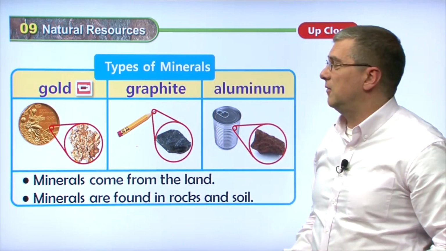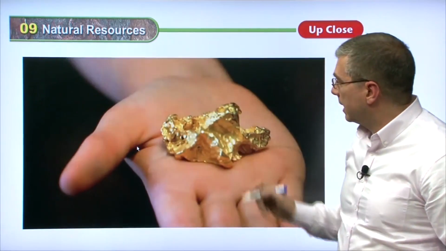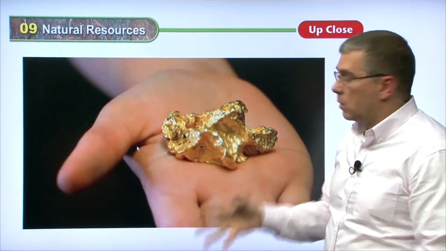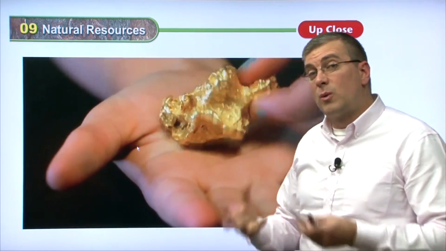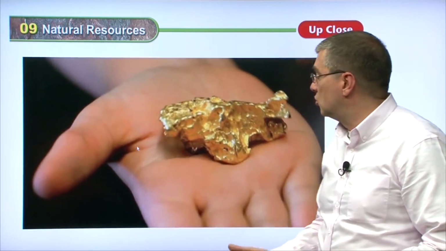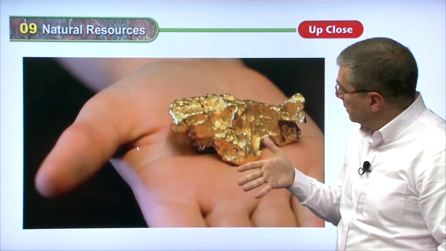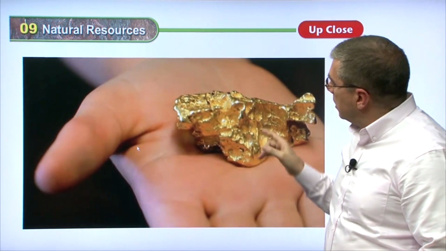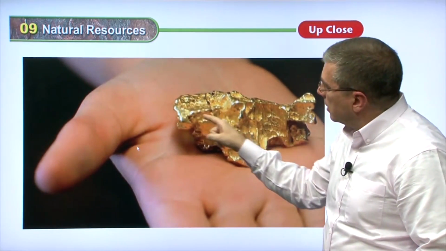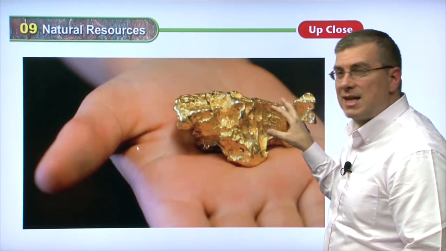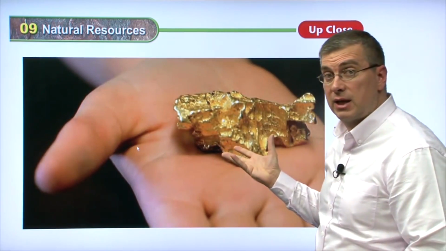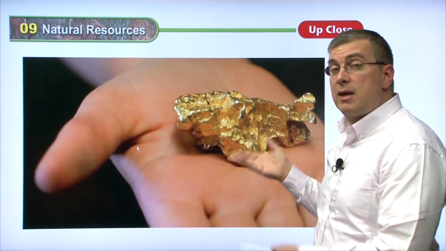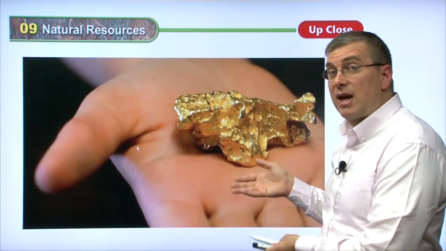Let's take a look at a video of gold. This is what gold looks like when we take it out of nature, before we change its shape and make it into jewelry or a coin. You can see the person is moving it. Look at how shiny it is. Look at how bright yellow it is. It's very attractive, isn't it? And that's one of the things that makes gold expensive and precious.